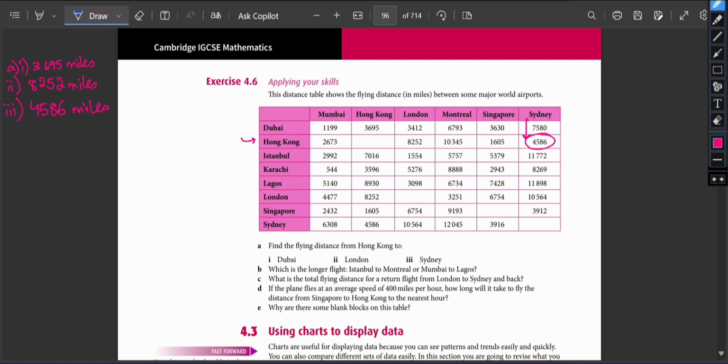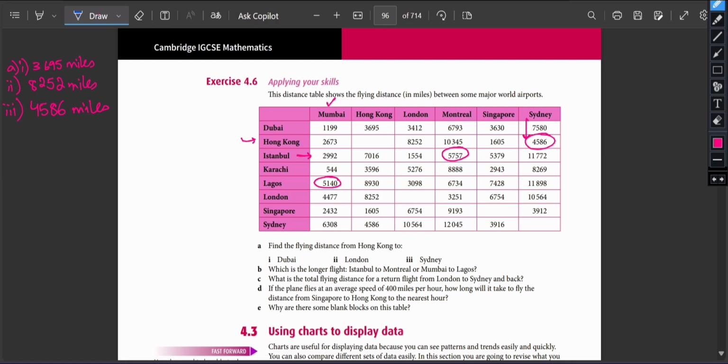B part, which is the longer flight, Istanbul to Montreal or Mumbai to Lagos? So Istanbul to Montreal, where is Montreal? Montreal is over here. So this is the value. And then we have Mumbai to Lagos, where is Mumbai? Okay, here is Mumbai, Mumbai to Lagos. So that's the value.